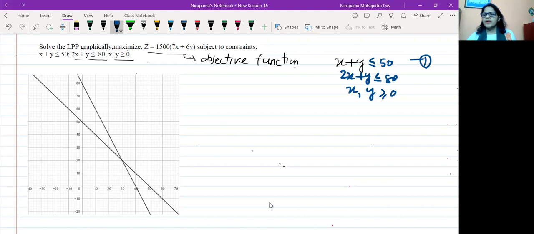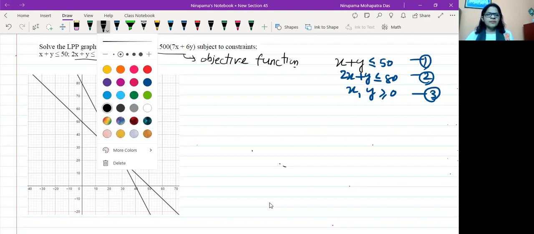Okay, 1, 2, 3. Now the third equation, we don't have much to do here. x, y greater than or equal to 0 means x and y are non-negative. It means the graph will be in the first quadrant.